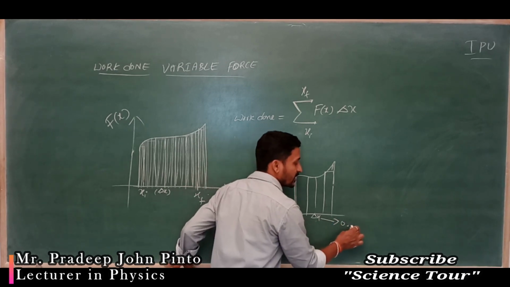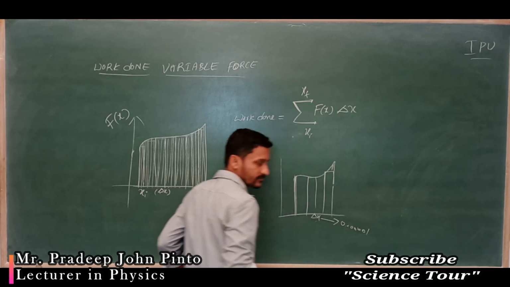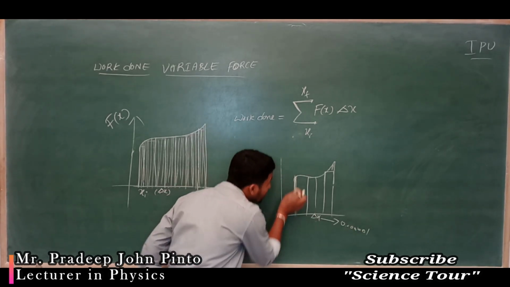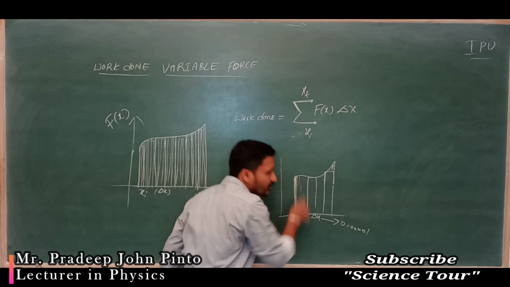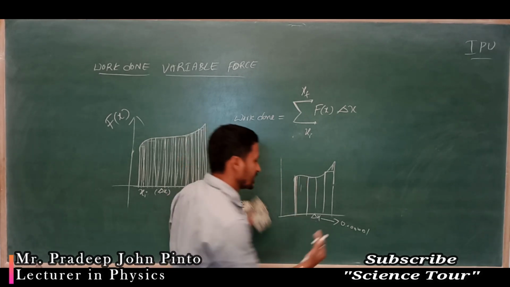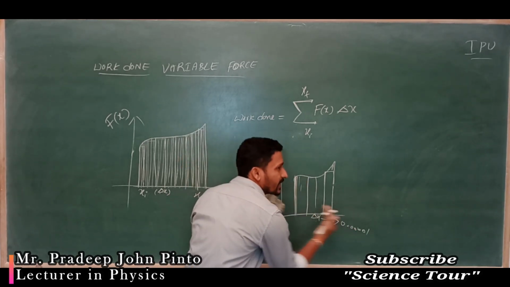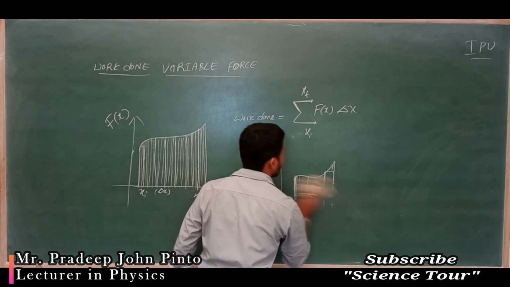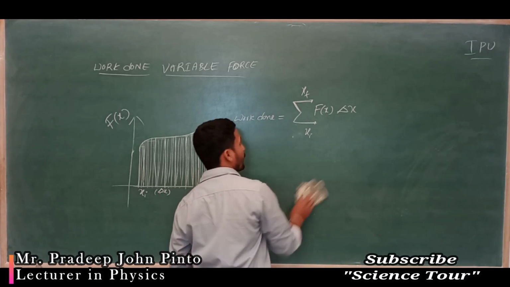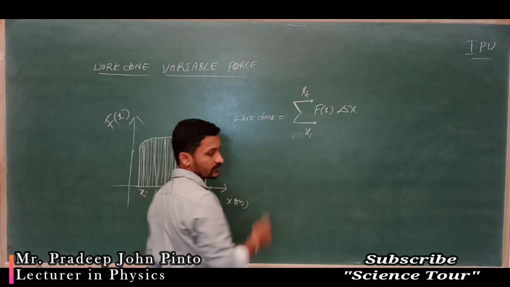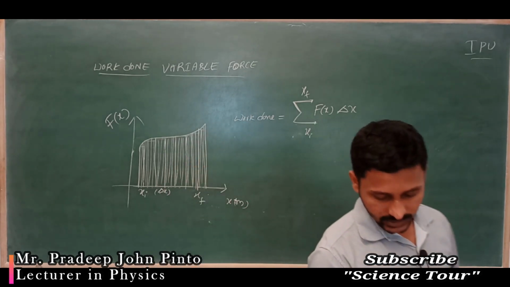It may be 0.000001, very small. Then I am going to get all the points, as that width or breadth decreases. So finally, how can I get the work done?